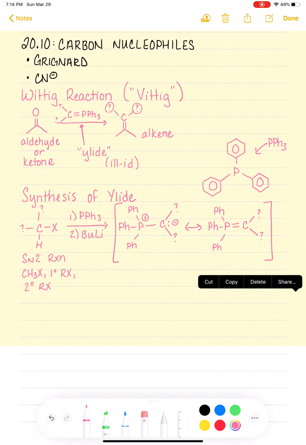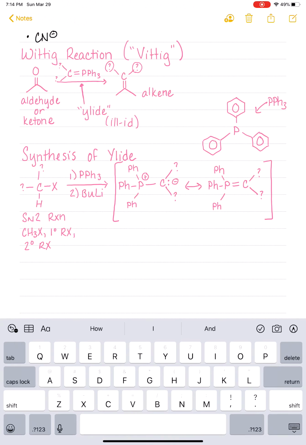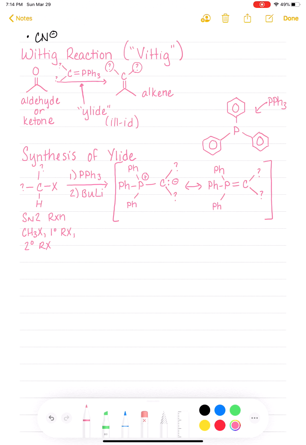The form with the carbon-phosphorus double bond is not the major structure. And if we think about that, it makes sense that the charged version would be the major structure of the ylide, because we do know that this is a very good nucleophile, so it's got to have a negative charge on it so that it can go attack our carbonyl carbon.